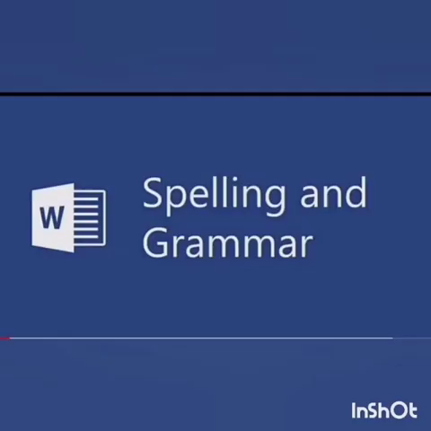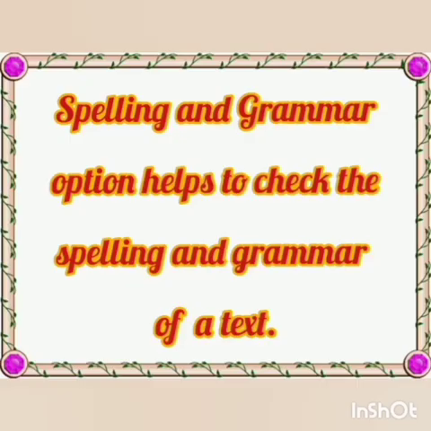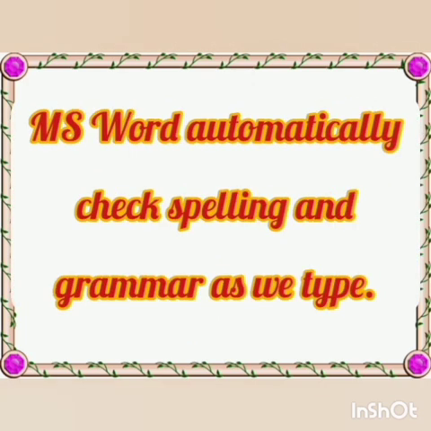Next one is the spelling and grammar option in a Word document. The Spelling and Grammar option helps to check the spelling and grammar of a text. MS Word automatically checks spelling and grammar as we type.